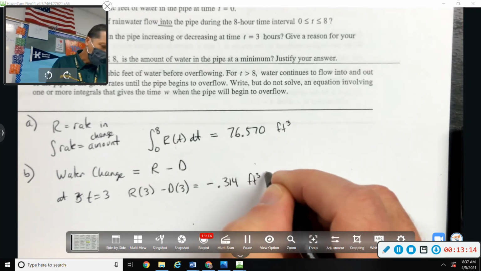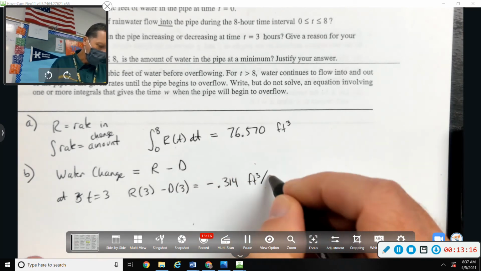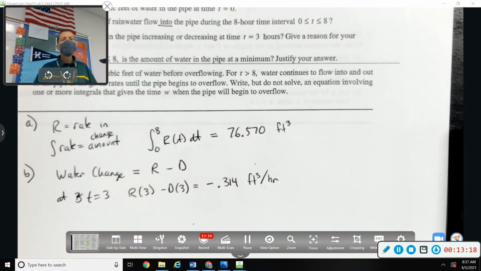And that's in feet cubed per hour. So that's the net change in the amount of water in the pipe. So more is flowing out than is flowing in.